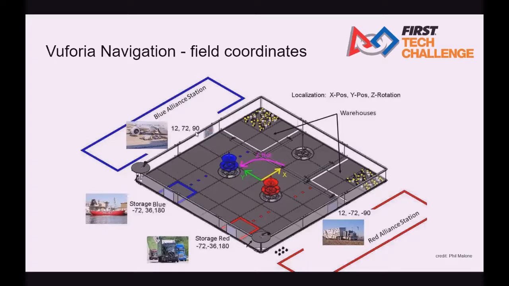I encourage teams to experiment with the sample op modes and try to use Vuforia Navigation in your competition op modes. Autonomous, certainly, and perhaps even teleop. Evaluate this against many other ways to determine your location on the field. This is a valuable learning exercise, even if you end up choosing another navigation method.